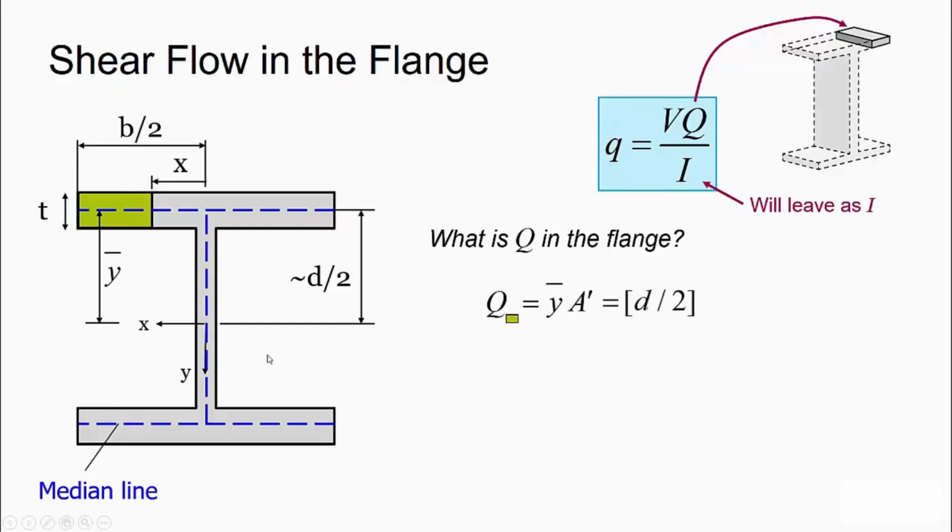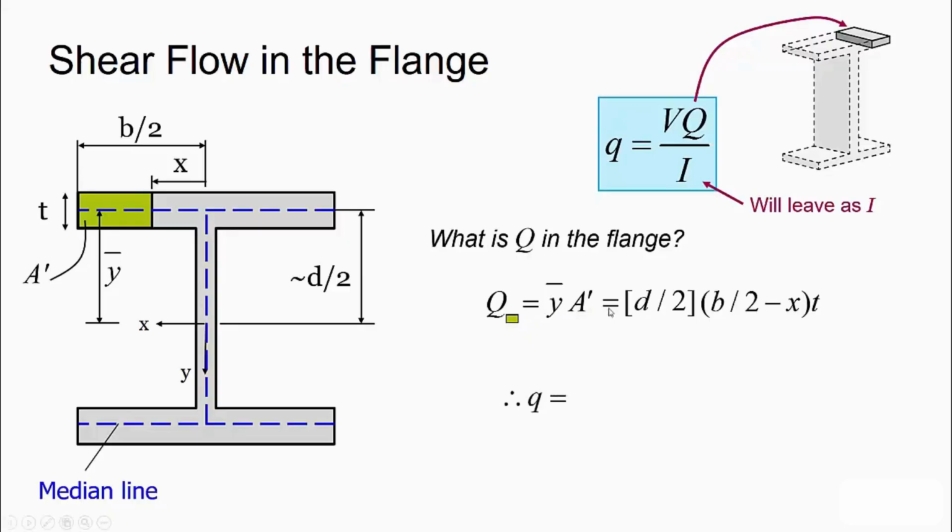And in this case, that will be the height d over 2. A prime is the cross-sectional area of that section, and if we calculate that, it will be b over 2 minus x times the thickness. It gets us this expression.